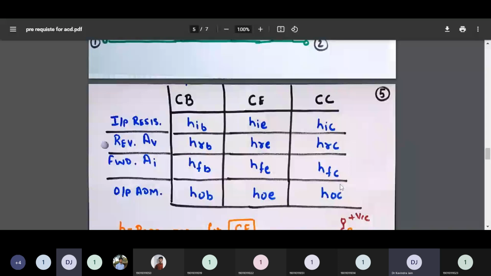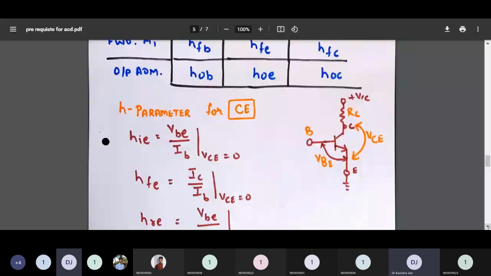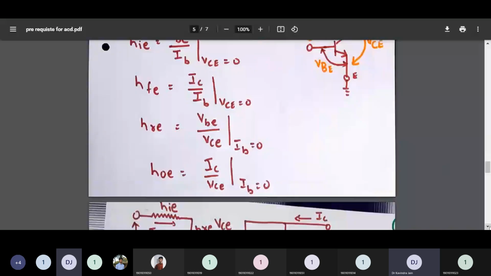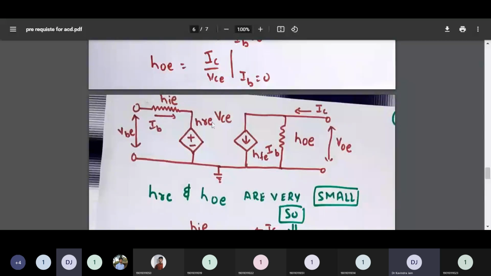For CE configuration, as per our discussion, these are the 4 formulas that we had discussed. This is about VBE, and this is about VCE. So based on these 4 formulas, let us now proceed for this particular configuration. These are its values, and hence we have written HIE, HRE, HFE, HOE.